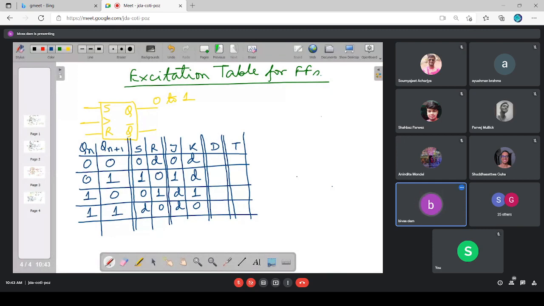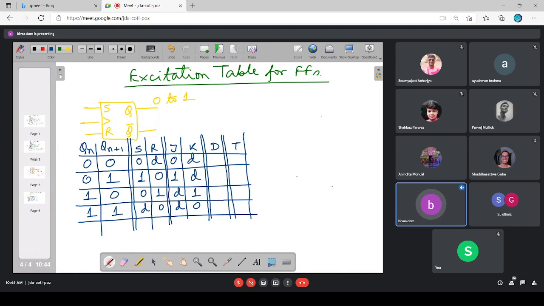Next, D flip-flop. What should be the excitation for the D flip-flop? How does the D flip-flop function? It acts as a data buffer. How does it respond to the input? The input will be the same.